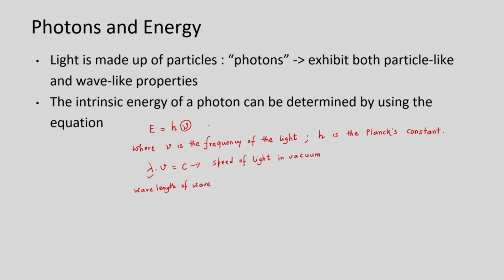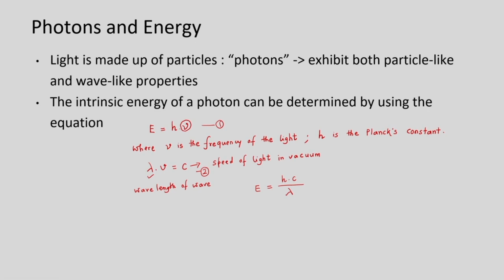So, we got this is equation 1 and this is equation 2. Let us use equation 2 in equation 1 to get the energy of a photon. So, I can write here E is equal to h into C divided by lambda.